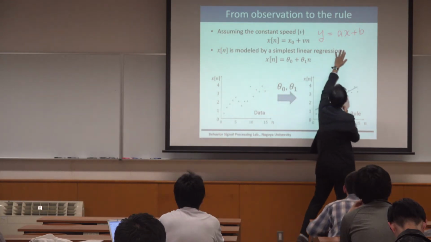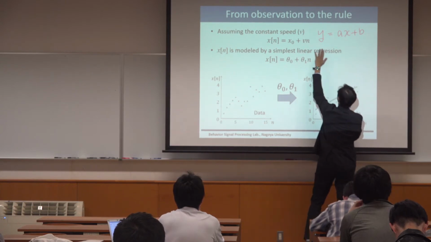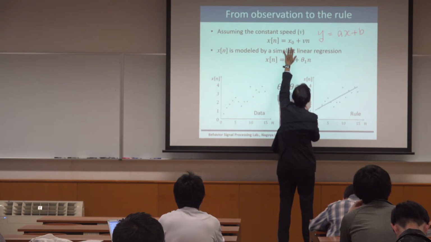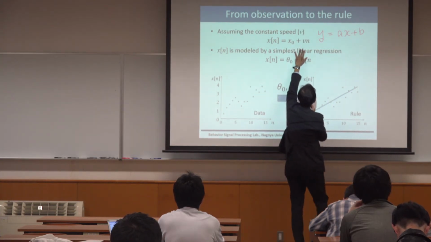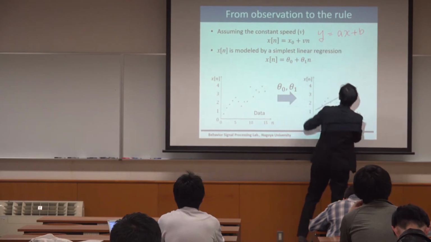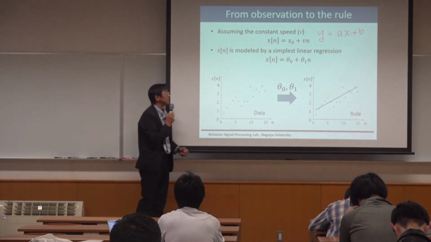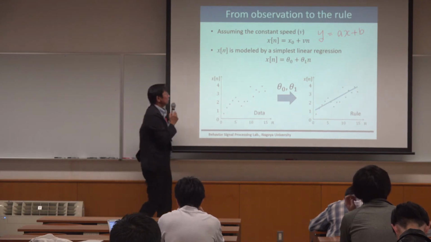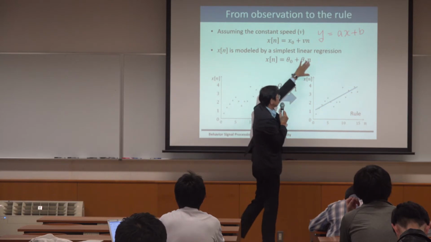It is also saying a is a speed and b is the initial displacement. x0 in this case corresponds to b here, and v corresponds to a here, and small n corresponds to x. And y in this case is the displacement x_n. So you can hypothesize this kind of thing.